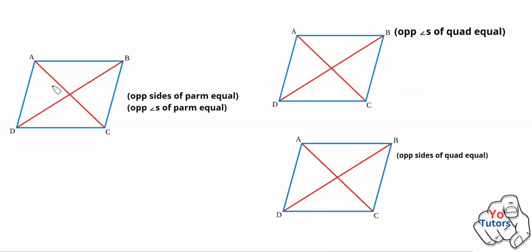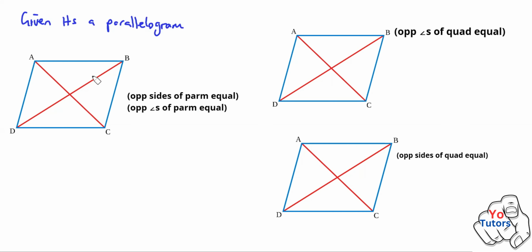Now, when you look at a theorem, a theorem is something that has been proved. So here, in this case, you are given that it's a parallelogram. They already told you that shape ABCD is a parallelogram.